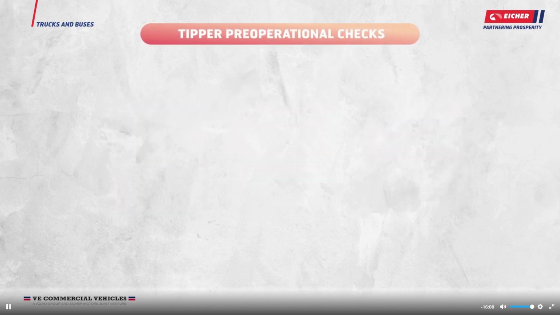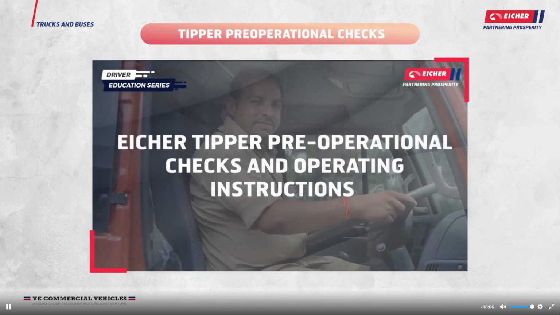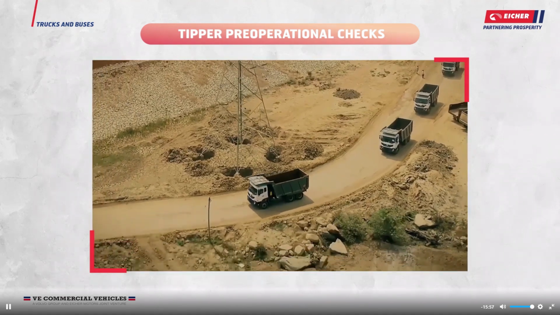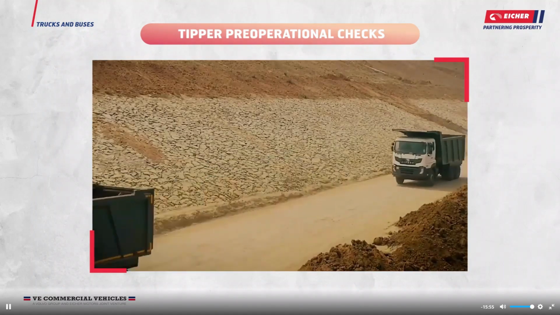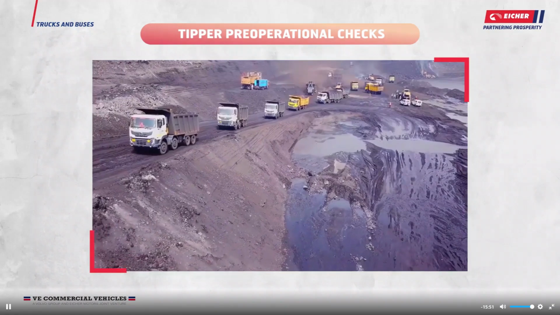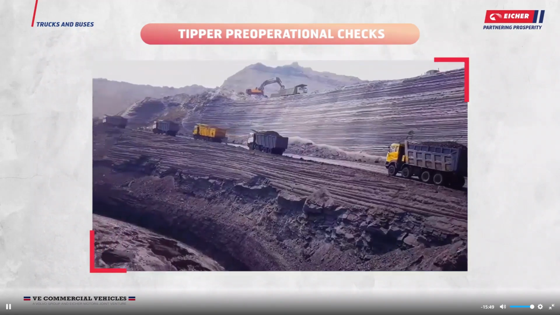Tipper pre-operational checks. EICHER Tipper pre-operational checks and operating instructions for driver. Tipper vehicles play a very important role in the construction and mining sector. Every day EICHER drivers drive the vehicle in movement of goods from one place to another safely and timely.